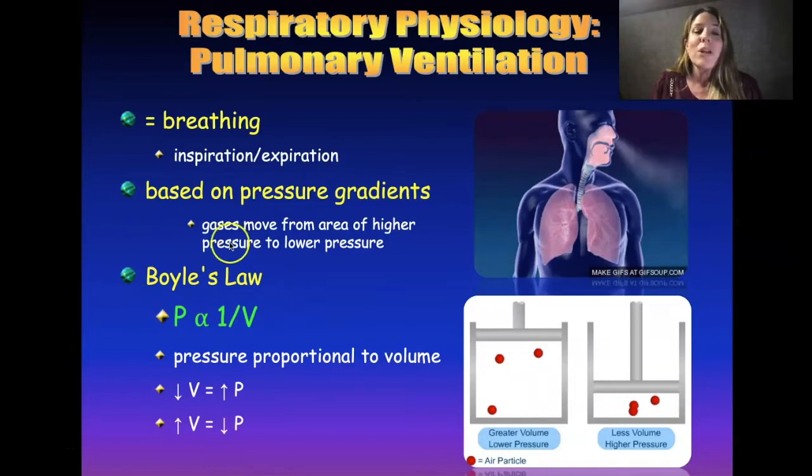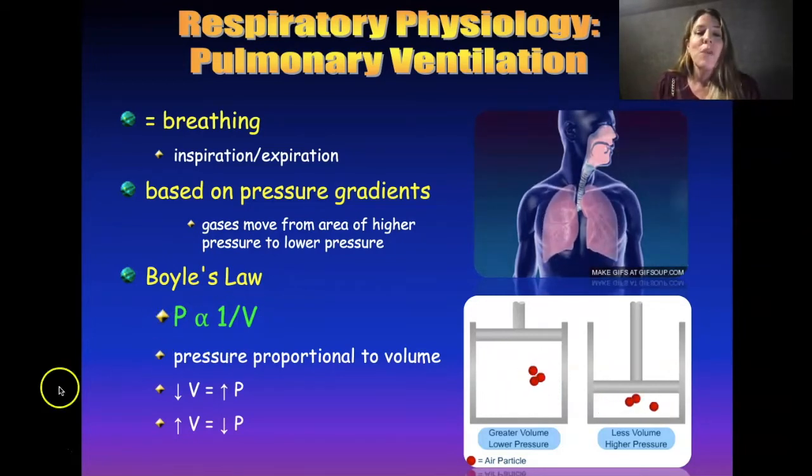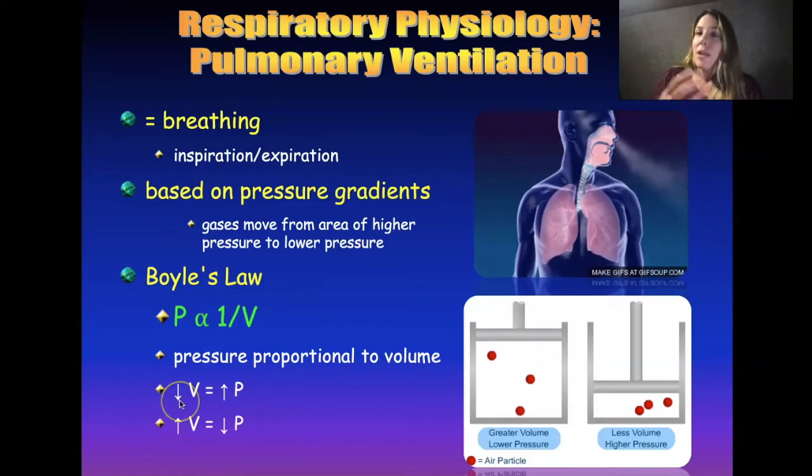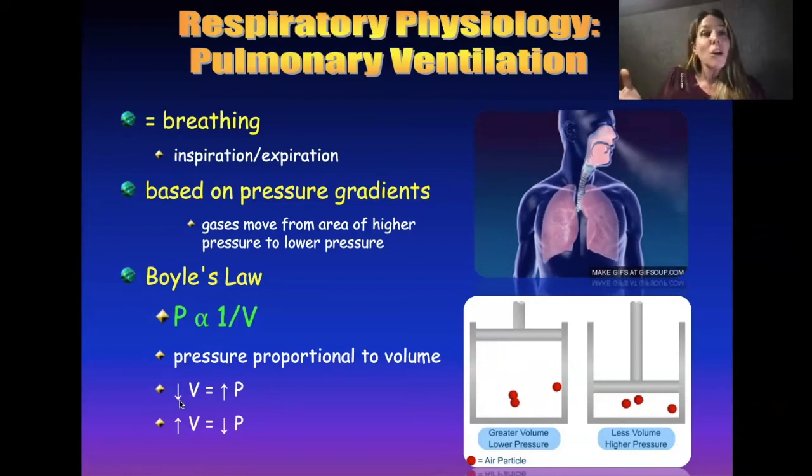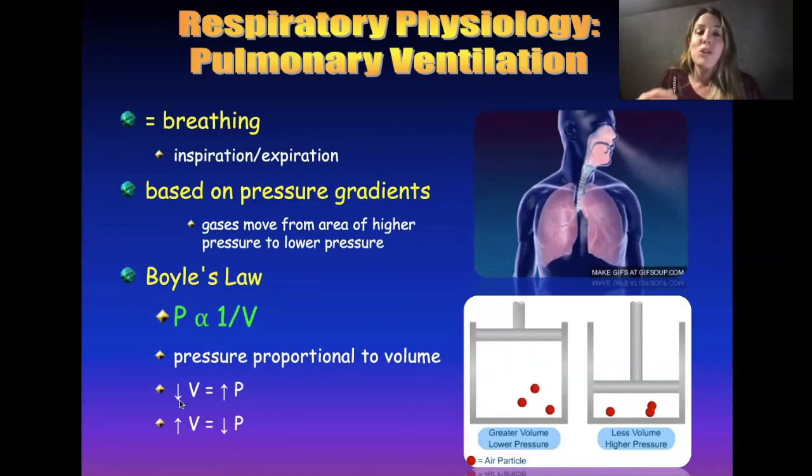So we're going to look at a law called Boyle's law. Boyle's law says that pressure and volume are inversely proportional to one another. In other words, when the volume is low, the pressure is going to be high, and vice versa. When the volume of the container is high, the pressure is going to be low.